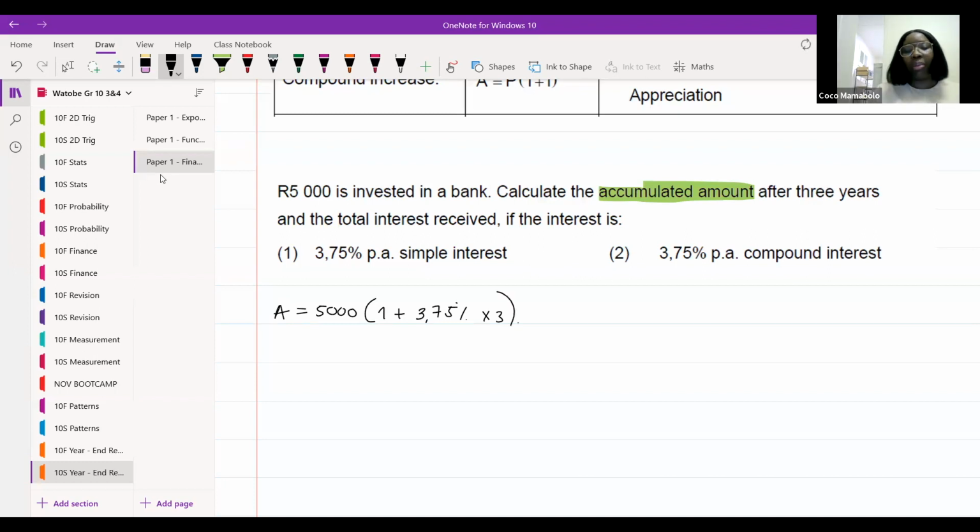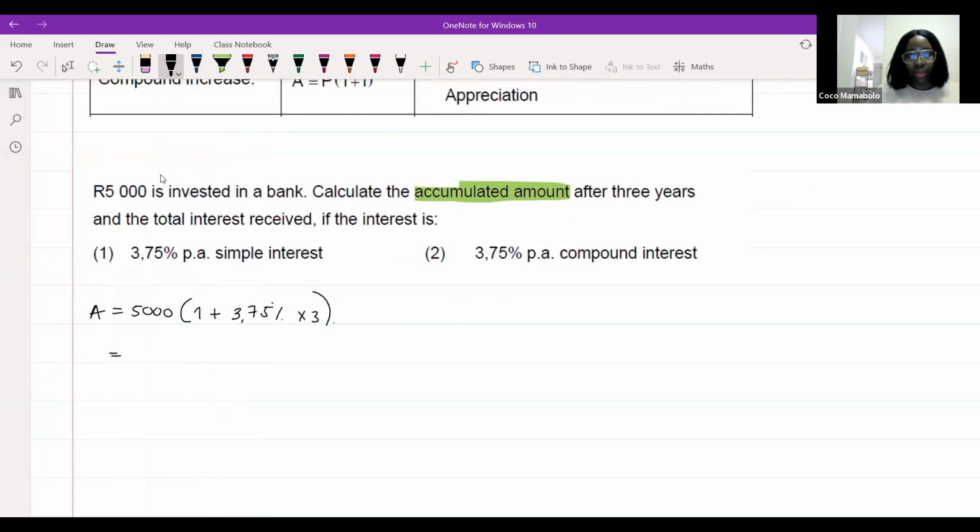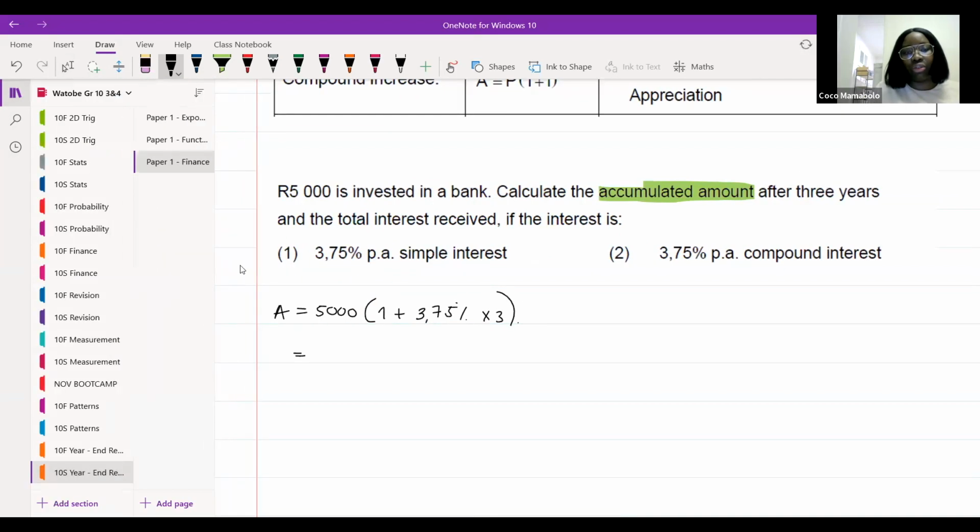Or if you wrote 3.75 over 100, that's perfectly fine as well. 1 plus 3.75% times 3 is equal to, I get 5,562.50.